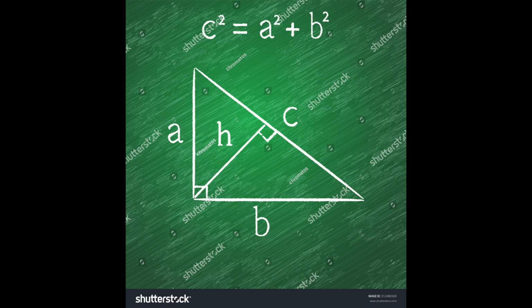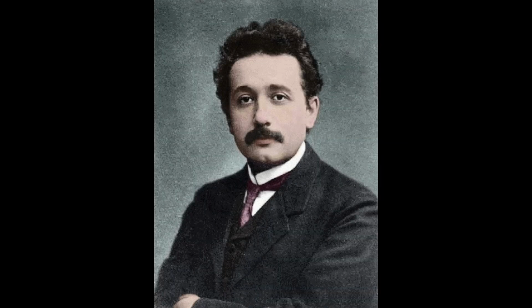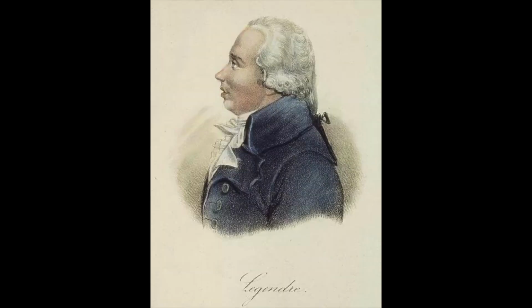For two right triangles having an equal angle other than the right angle, it follows that the ratio of the areas is equal to the ratio of the squares of the lengths of their hypotenuses. This is the basis of a proof of the Pythagorean theorem found by Einstein as a teenager. This proof was also mentioned in a work by the mathematician Adrien-Marie Legendre.